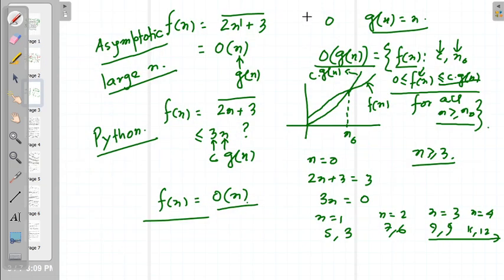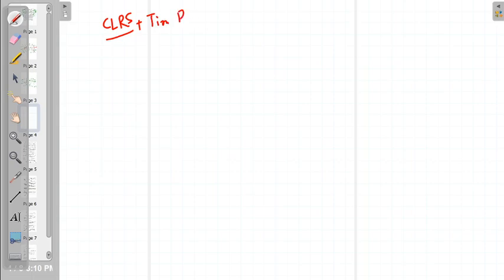Take a look at this next example. So we have seen here how mathematically we are doing this. Another example: as usual, this class is based on CLRS, and obviously Tim Roughgarden.